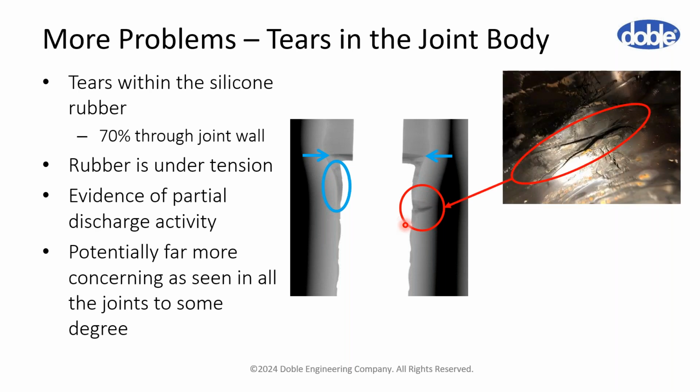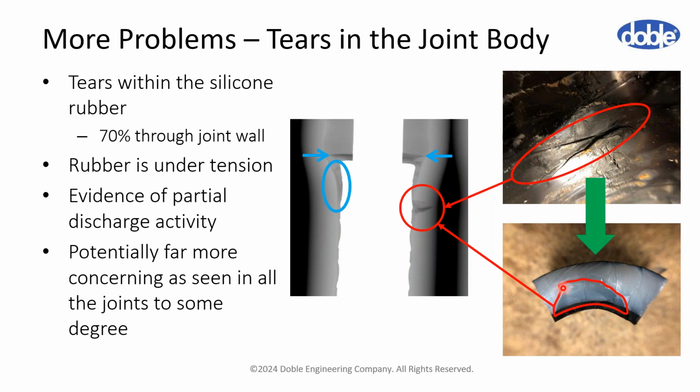So again, when we cut the joints open, we could cut it open so as to not damage this feature. And on the inside of the joint body, we had a very big crack, a tear in that inner surface.